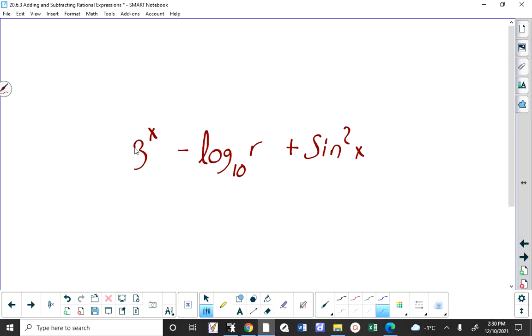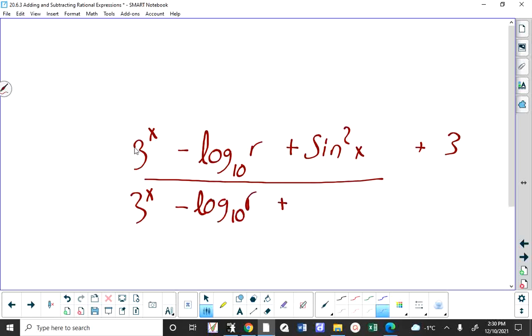I mean, you don't have a chance, do you? But what if I had, and then plus 3, and I have over 3x minus. You should know this is equal to 4. Right? Would you put these together with a common denominator and then try to simplify it? Or would you say, well, geez, that whole first expression is 1. 1 plus 3 is 4. That's an exaggerated illustration of why you would want to simplify something first.